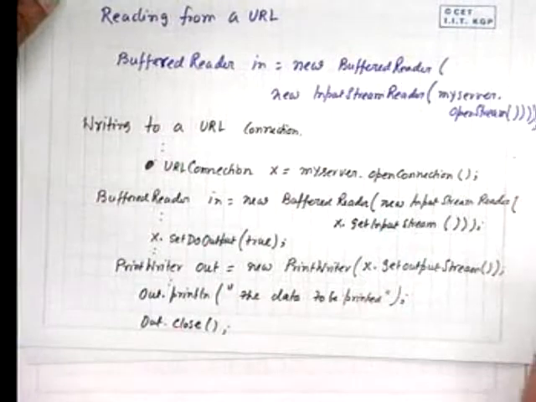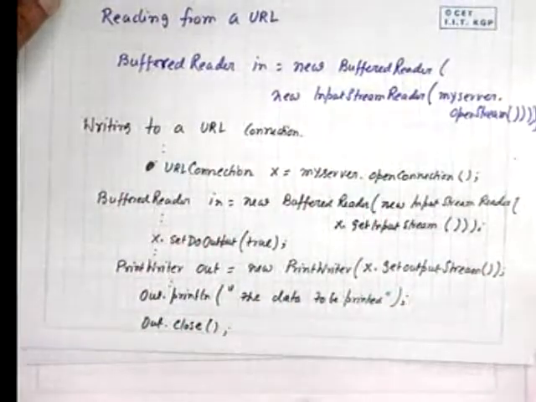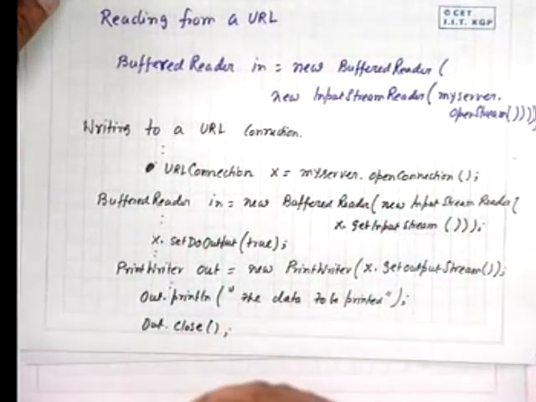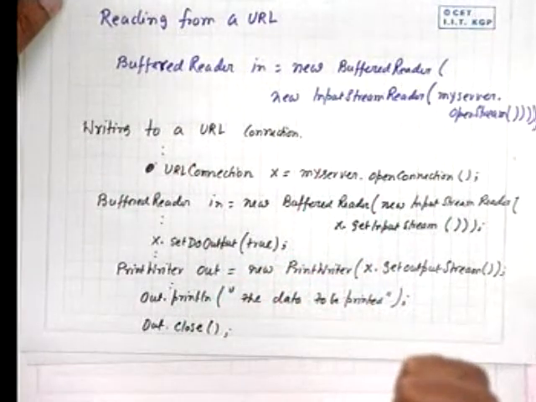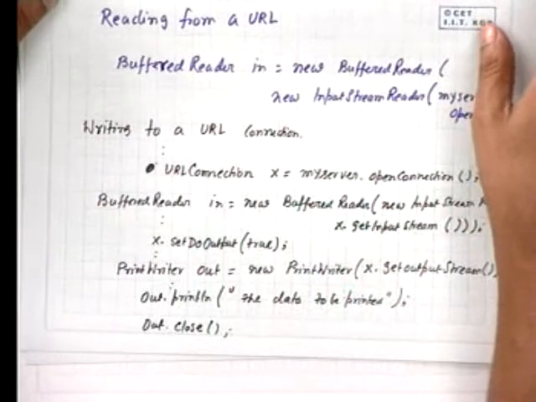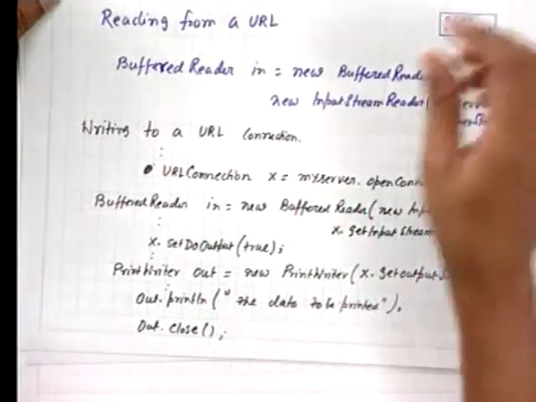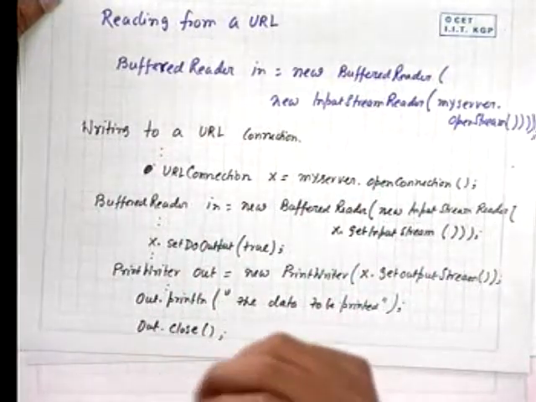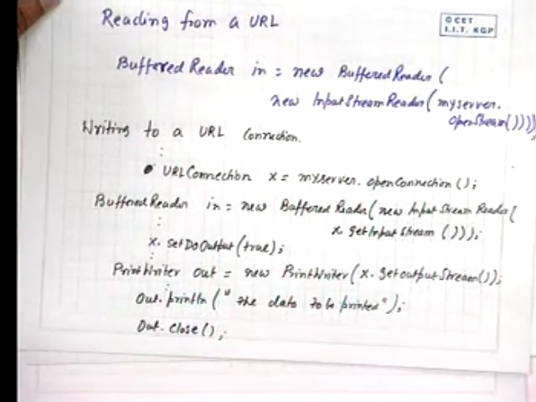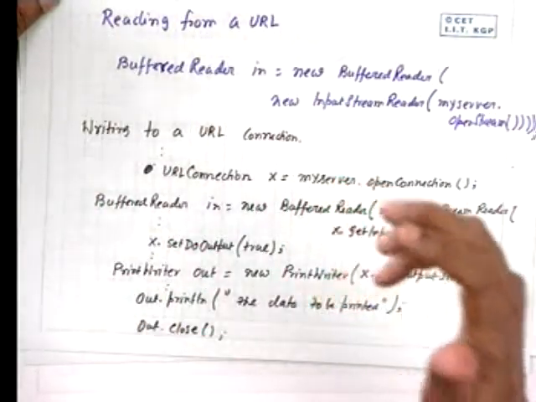So Java in a sense supports quite a bit of network oriented programming, and that is why it is now becoming very popular in implementing different applications over the internet.